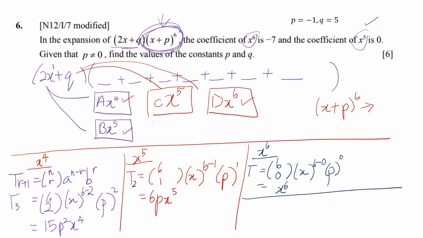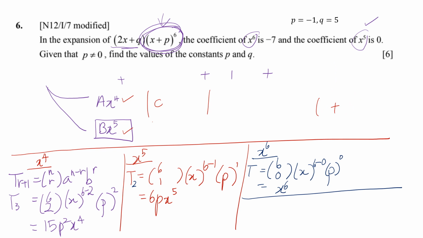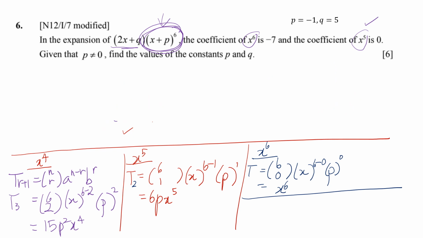So what do we do? I think I'm just going to erase this because I already explained the concepts. So now we can take (2x plus q), multiply with all our just 3 terms here: 15p squared x to the power of 4 plus 6p x to the power of 5 plus x to the power of 6.